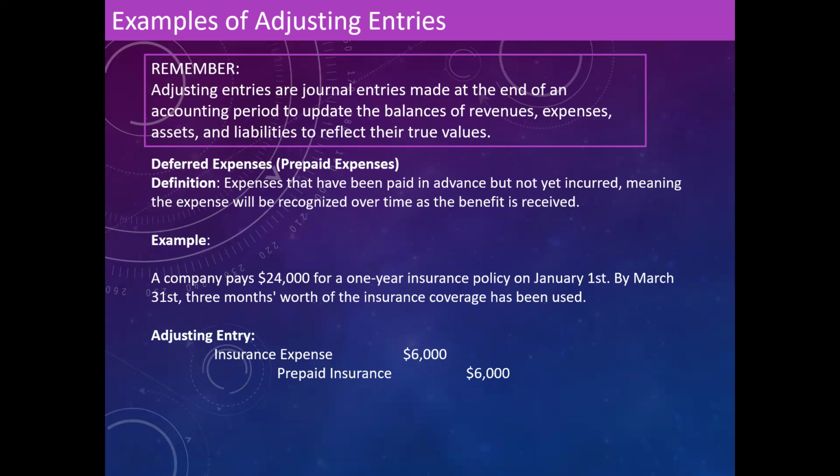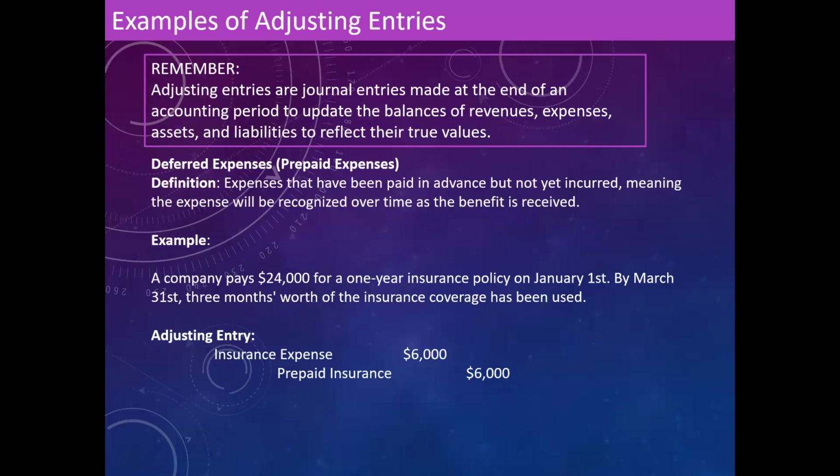By March 31st, 3 months worth of insurance coverage has been used. So again, what we have to do is say, okay, back when we would have paid for that, we would have debited our prepaid insurance, an asset, to show that we had paid in advance $24,000 worth of insurance, and we would have credited our cash because we would have been paying out cash.